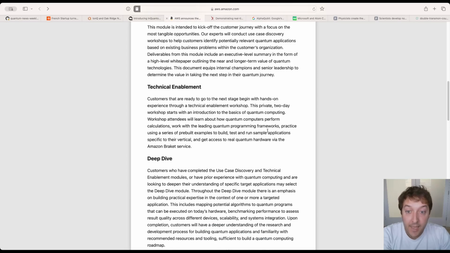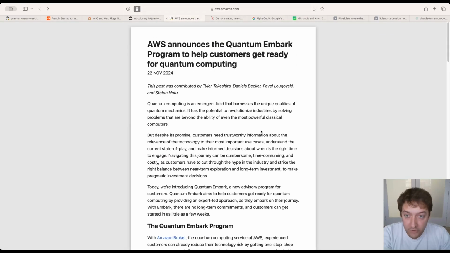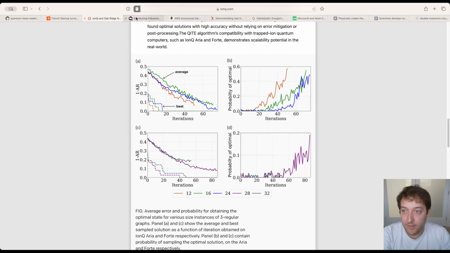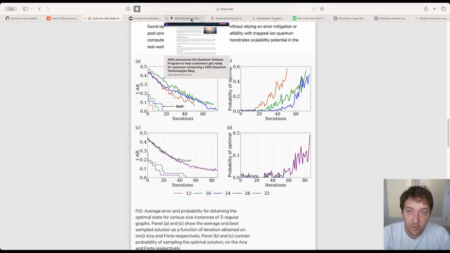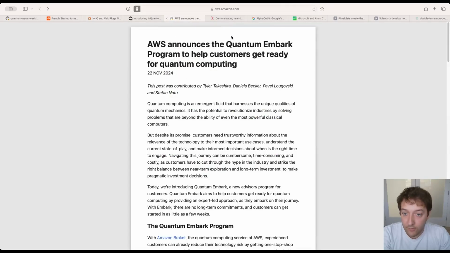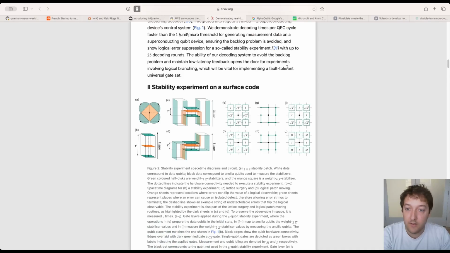We're not there yet, but the preparation for hitting quantum utility is here. Amazon's getting ready for that. And we can already see with Quantinuum and IonQ, with Oak Ridge, chemistry applications are coming soon. So AWS might be preparing for that.